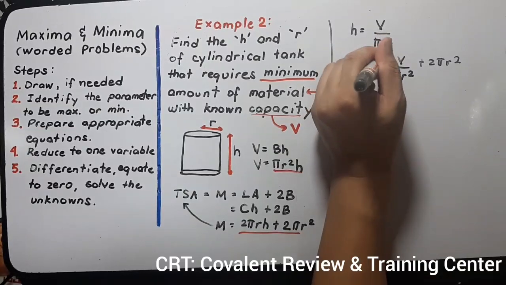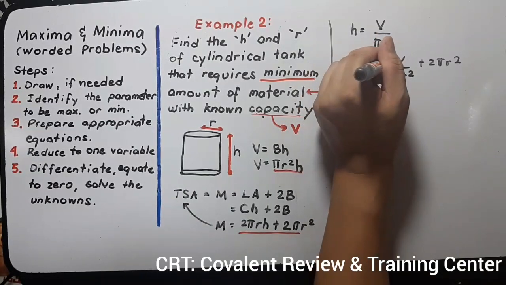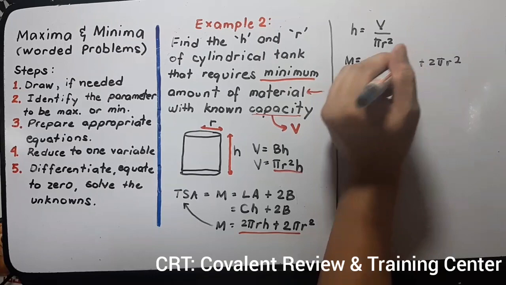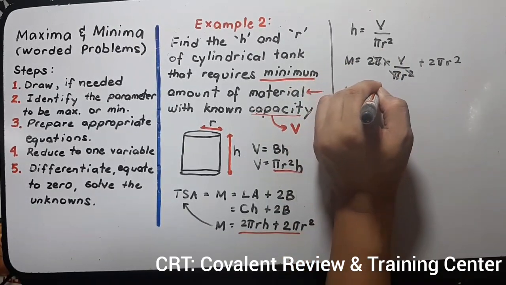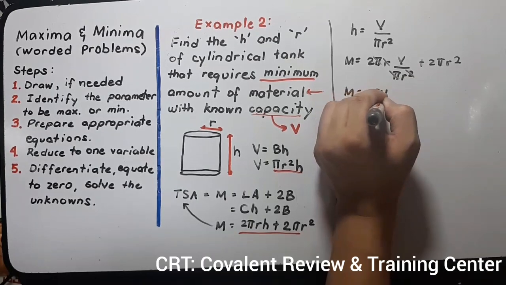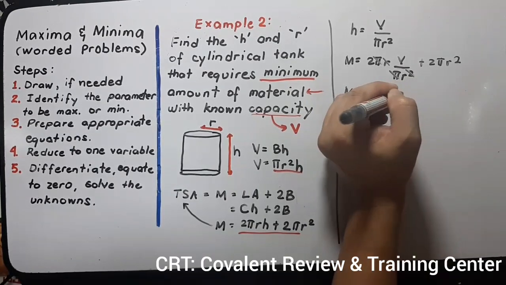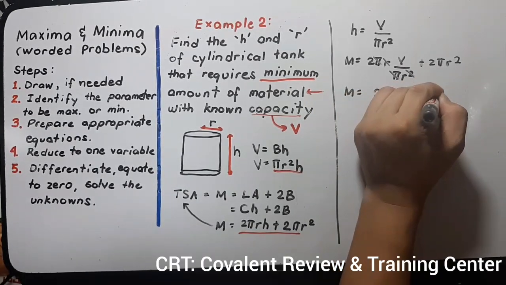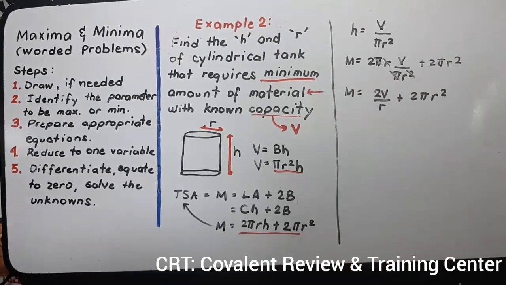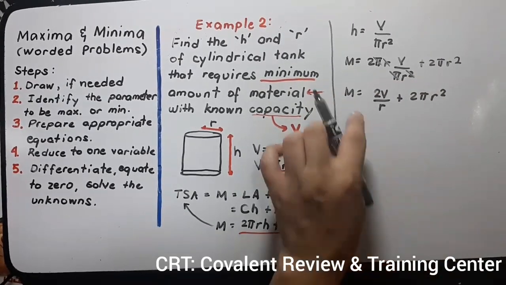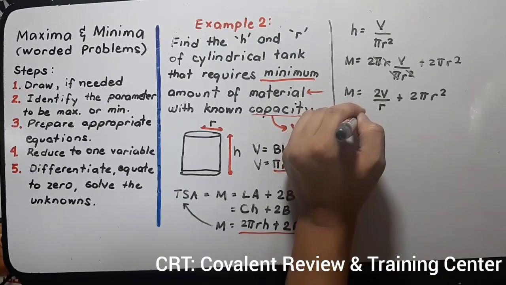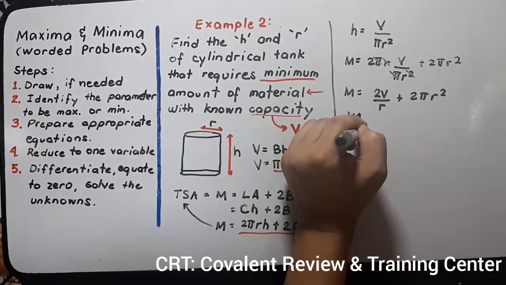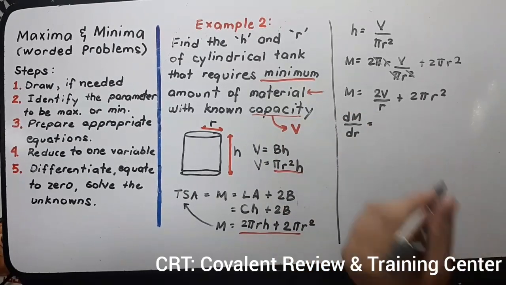So we can cancel 1 r in the numerator and 1 r in the denominator. So M here is only 2V over r plus 2 pi r squared. We can now differentiate this equation. This is the derivative of M with respect to r.